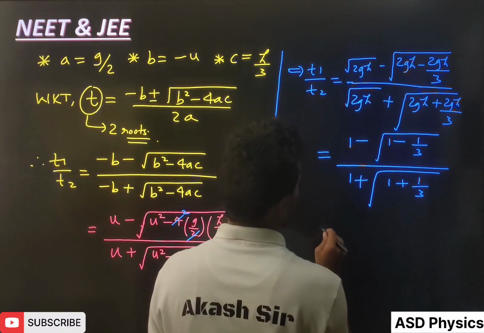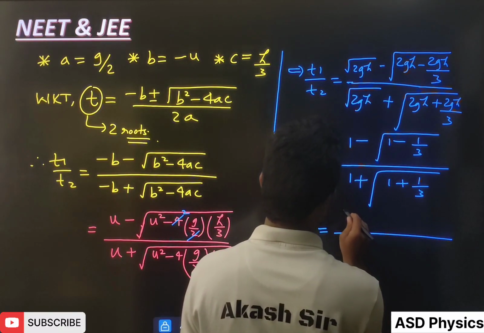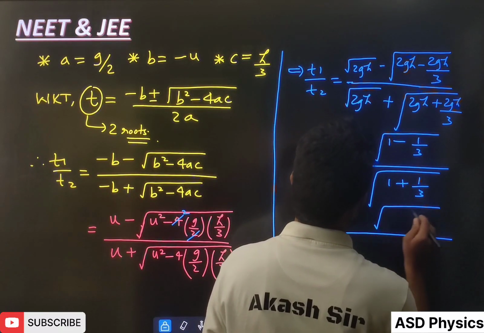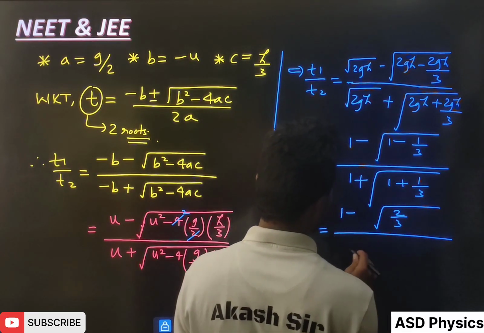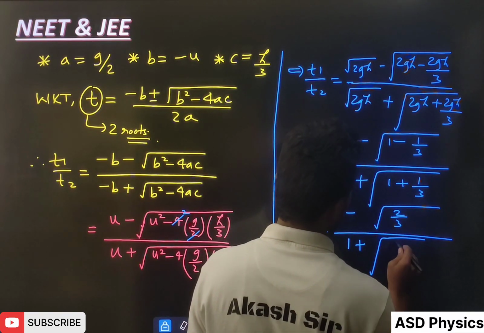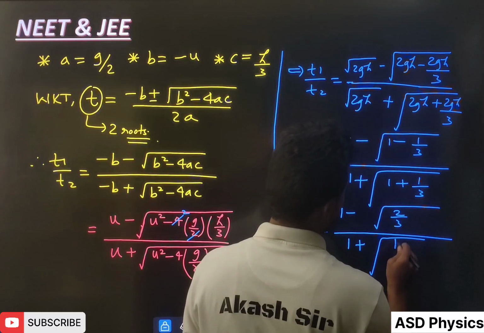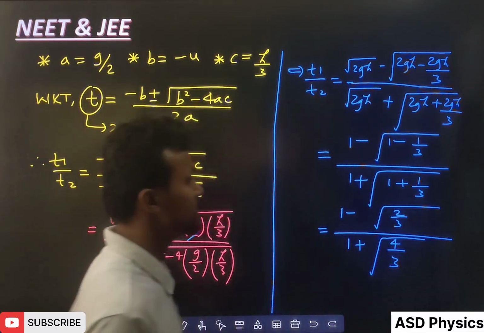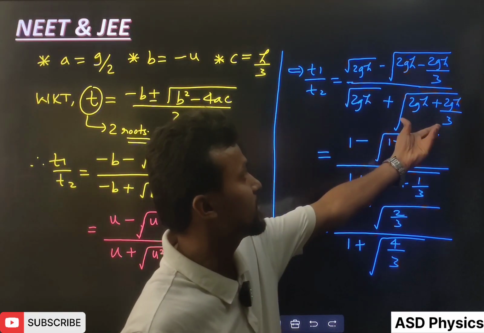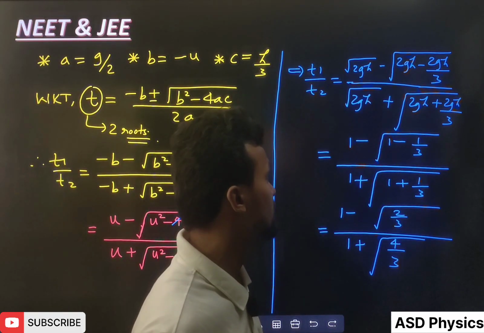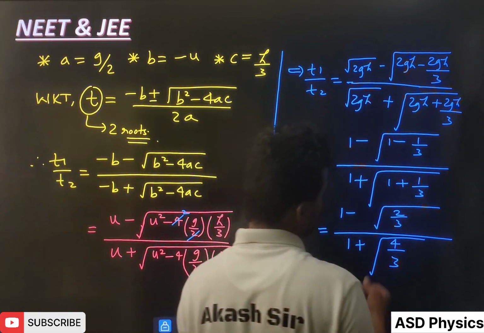So when you will simplify this, what will come here? Just take the ratio. So this will become 3 minus 1, so it will become 2 by 3, and here, see, 1 plus 4 by 3. Kindly see here. We are going correct only, because 1 minus 1 by 3 is coming here, 1 plus 1 by 3. So 1 plus 1 by 3 will come what here? 4 by 3.